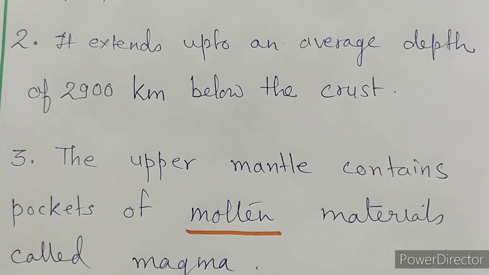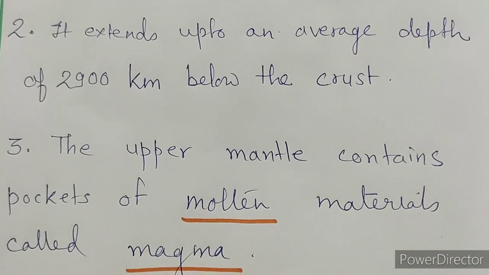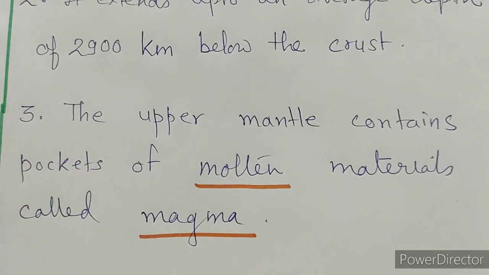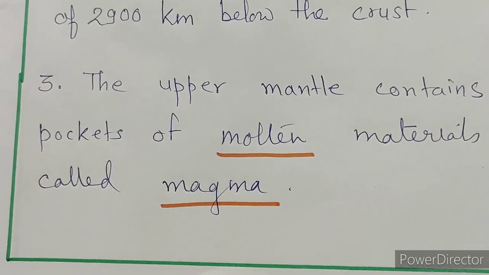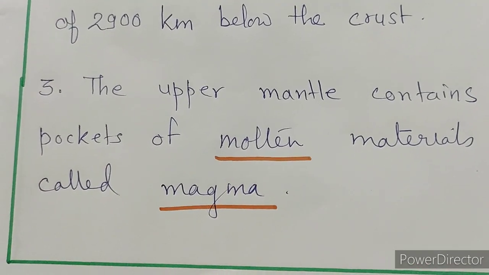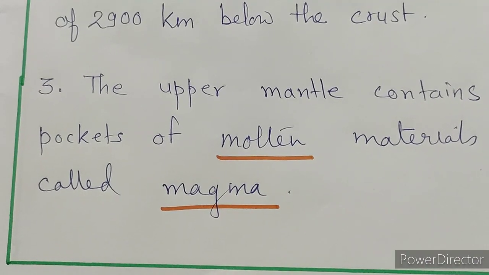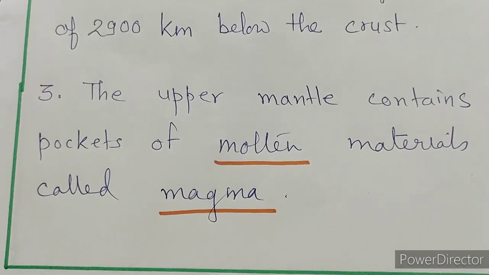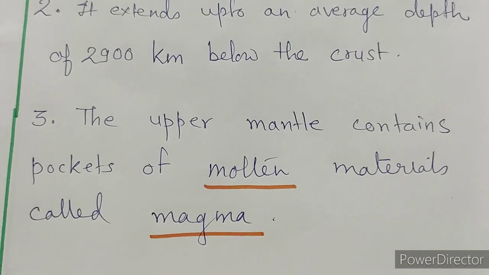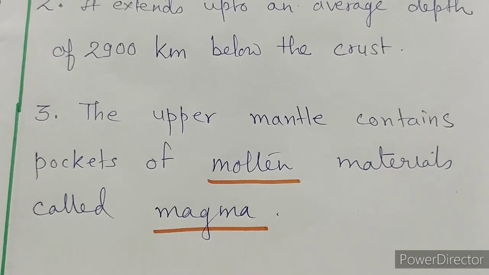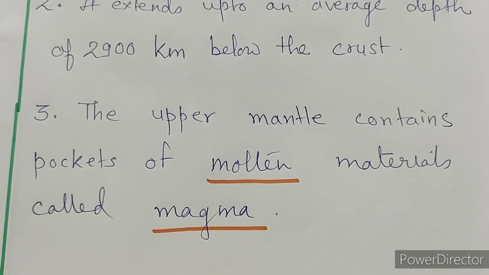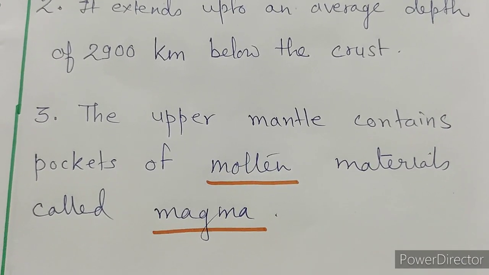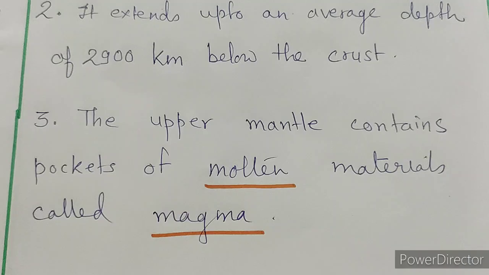The upper mantle contains pockets of molten materials called magma. So the upper mantle contains materials which are in a molten state. Molten state means in a semi-solid state, and this material is called magma. It is just below the crust.